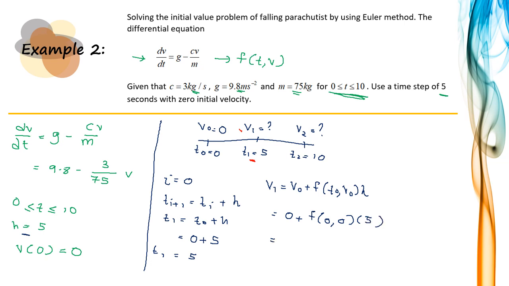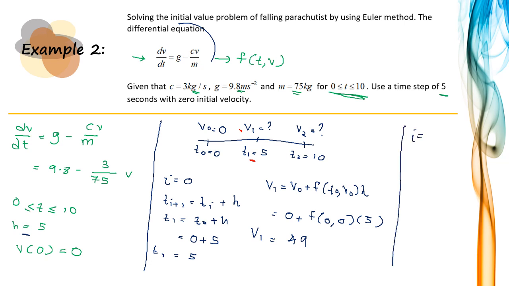We just need to substitute 0 and 0 into our function, our differential equation here. So our v1 is equal to 49.